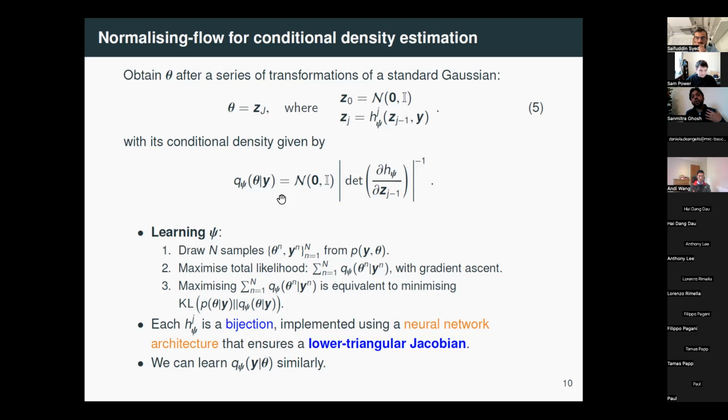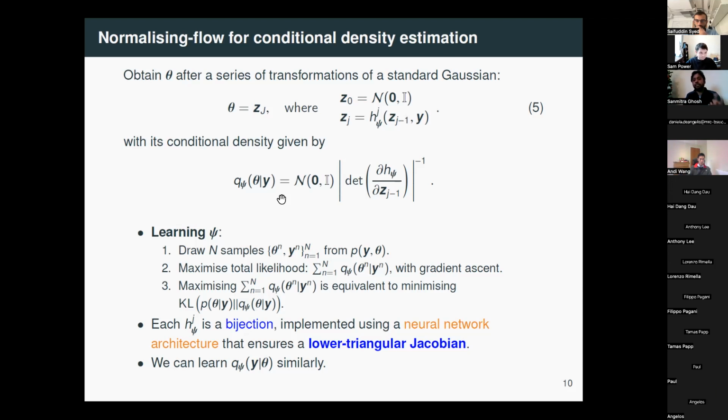And of course, there is a lot of intuition about these being universal density approximators: given a sufficiently flexible function as your bijection, you can approximate any density, which comes from the universal function approximation of neural networks. One key ingredient here is that taking the Jacobian determinant is expensive. So the main research here is how to design the bijection so that you have a lower triangular Jacobian, and in that way you can easily evaluate the density without too much computation.